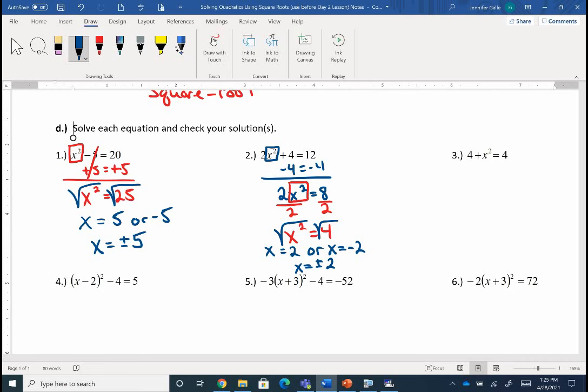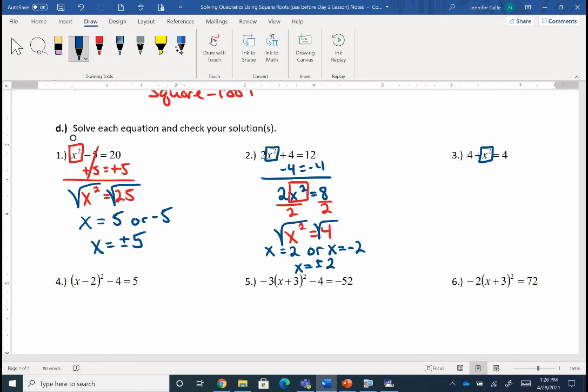All right, let's take a look at number 3. Now, number 3 is the type of equation that, for some reason, I always get a lot of mistakes on when it comes to solving, although it looks really simple. Our goal is to still get the squared term by itself. I don't want to move that squared term. I want to move the 4 that's with it.